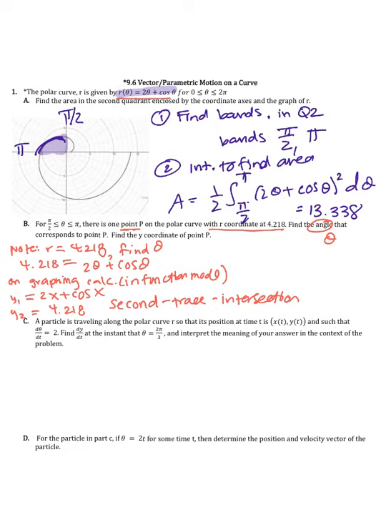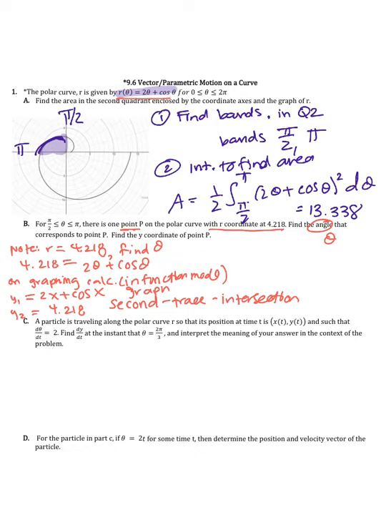So let me recap that. On your graphing calculator in function mode, you're going to type y1 equals 2x plus cosine x, y2 equals 4.218. Go ahead and pause the video to make sure you're actually practicing this. Once you hit graph, you're going to see a horizontal line and your curve. You're going to hit second, trace, intersect, which is probably down at number 5.